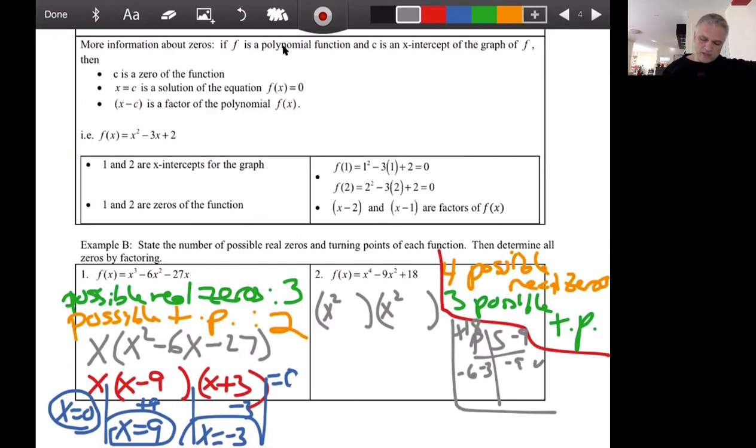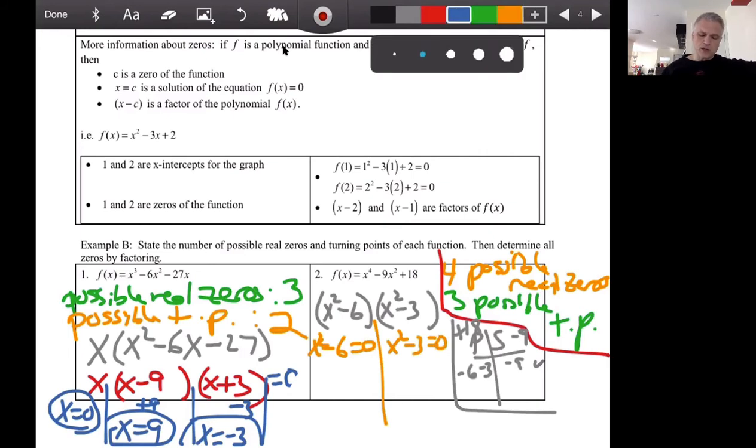All right, so minus 6, minus 3. All right, so we can split this up, and we could say that x squared minus 6 could equal 0. Also, x squared minus 3 could equal 0. So how do we solve this?